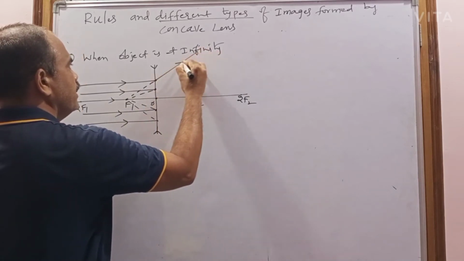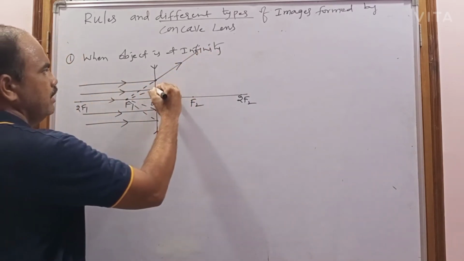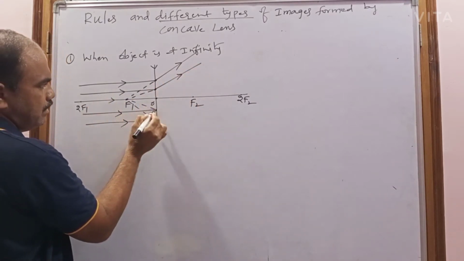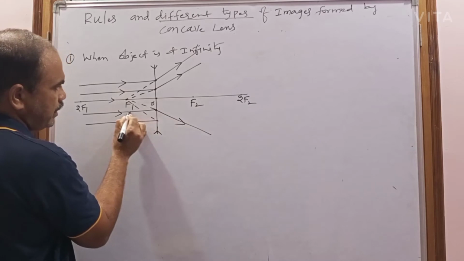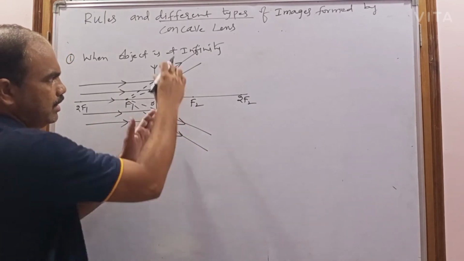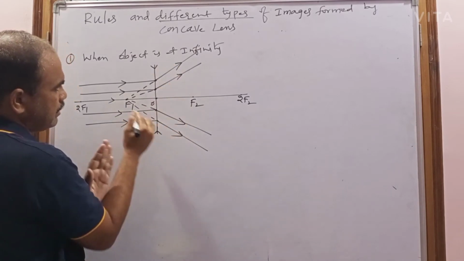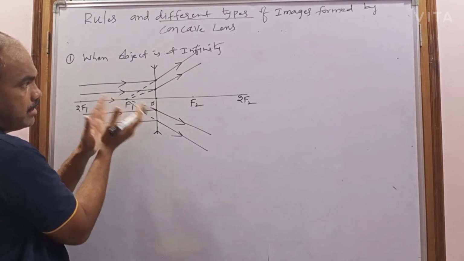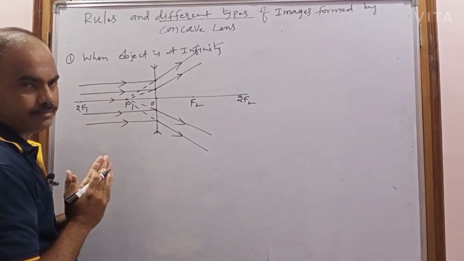This is the refracted ray corresponding to each incident ray, and all the refracted rays appear to come from the focus on the same side of the incident ray.